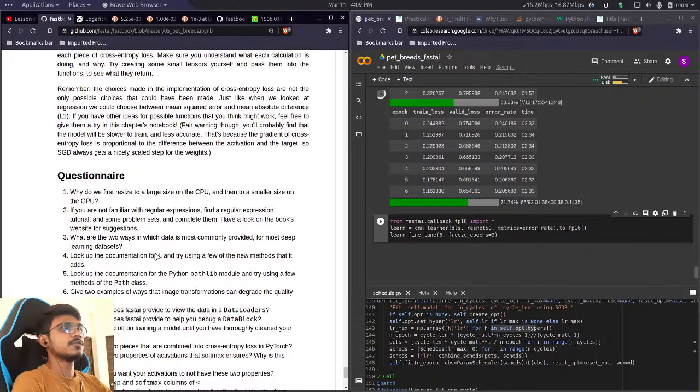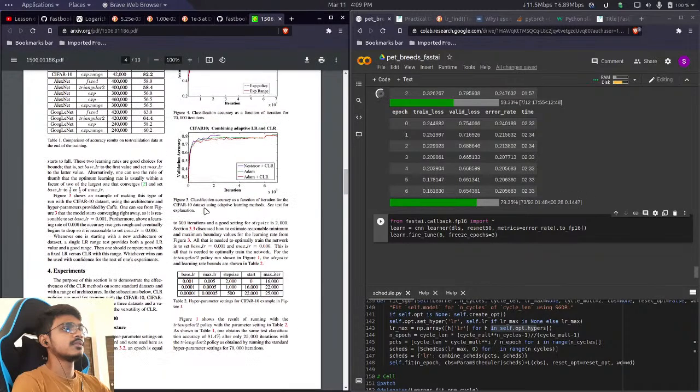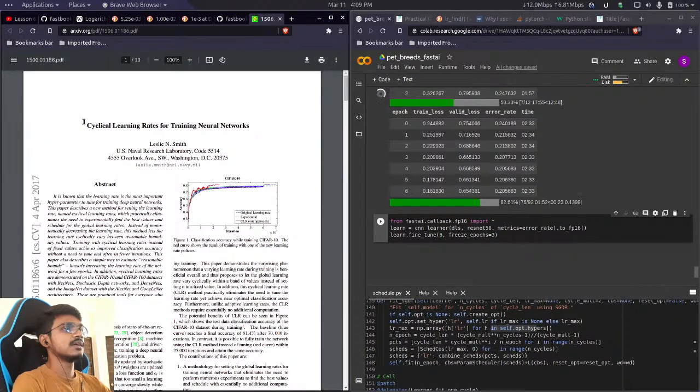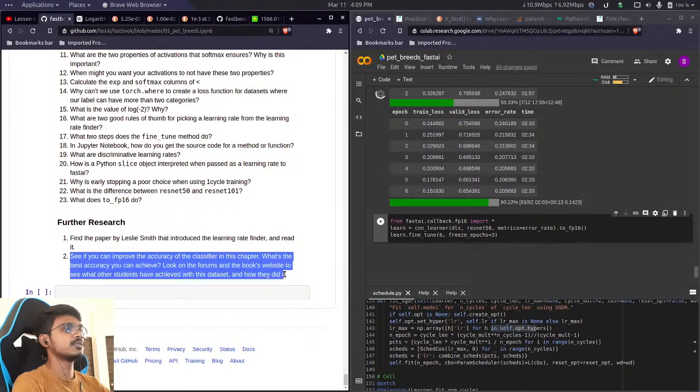Given the questionnaire, and for further research, they are asking us to rate the paper, Cyclical Learning Rates for Training Neural Networks. See if you can improve the accuracy of the classifier in this chapter.